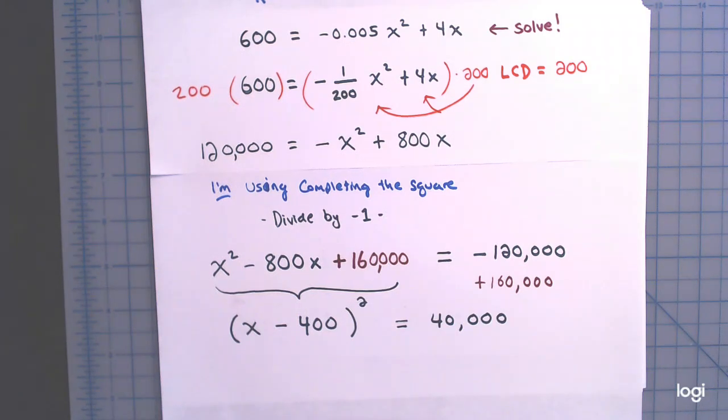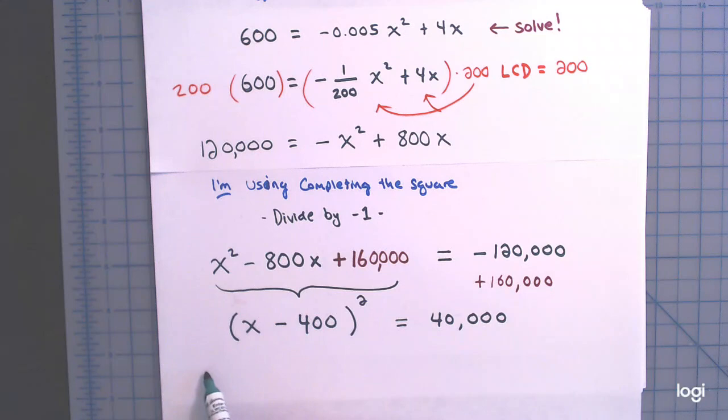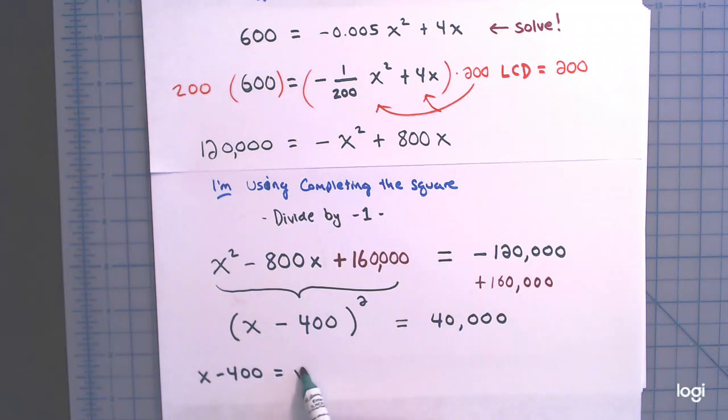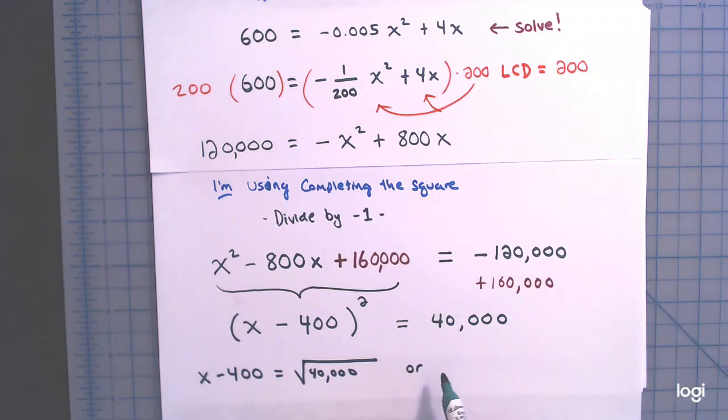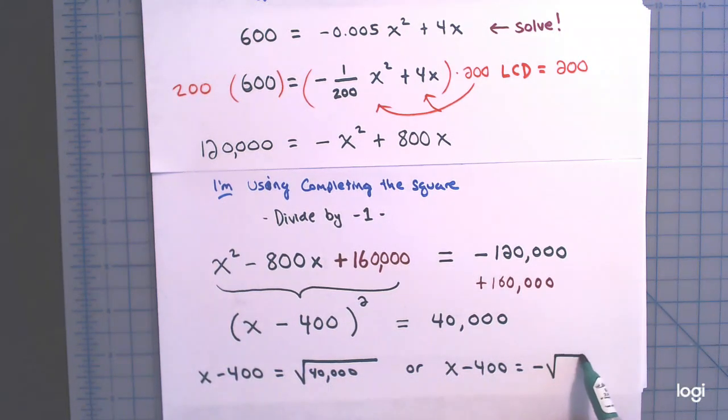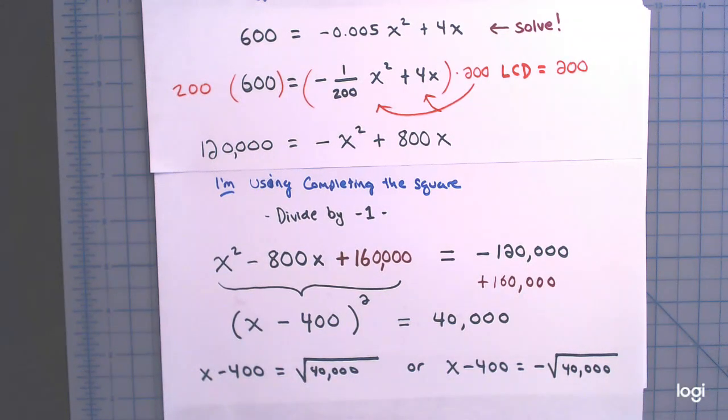By the square root property, because I've got a square equal to a number here, either x minus 400 equals the positive square root of 40,000, or this base under the square, the x minus 400, is equal to the opposite of this, negative square root of 40,000. Well, 40,000 is another nice square. It's actually 200 squared. 200 times 200 would be 40,000.